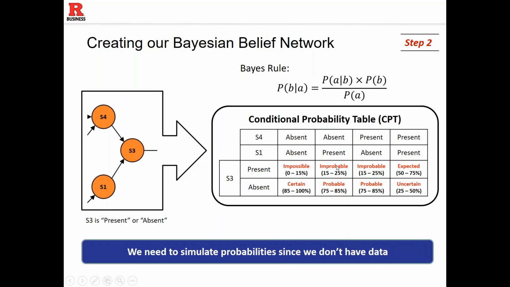For example, I'll look at node S3 here, and these 2 particular combinations. The probability that S3 is present, given that S4 and S1 are absent and present respectively, is improbable.